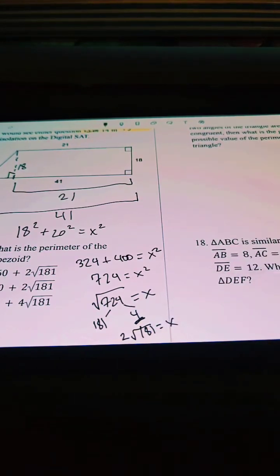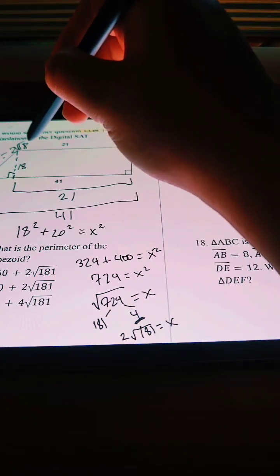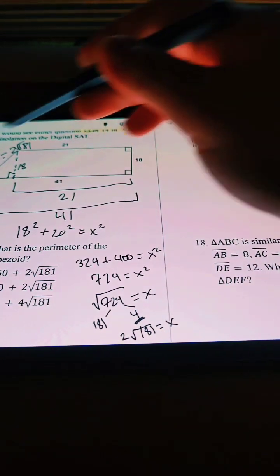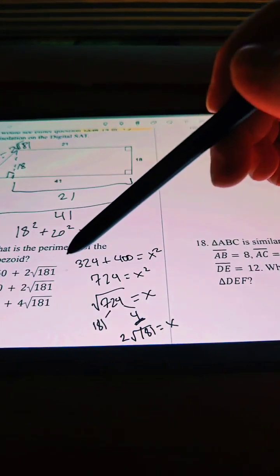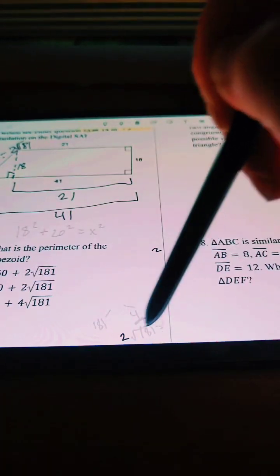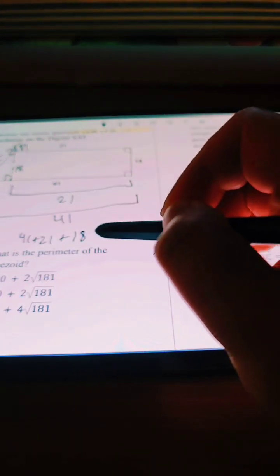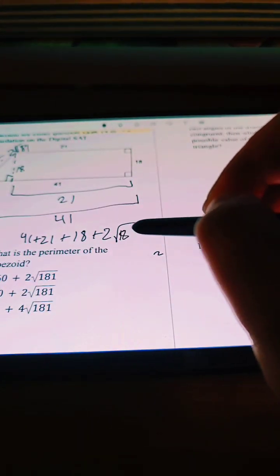So now to find the perimeter, I just need to add up every single side length. So that's what I'm going to do. I'm going to say that the perimeter is equal to 41 plus 21 plus 18 plus 2 root 181.